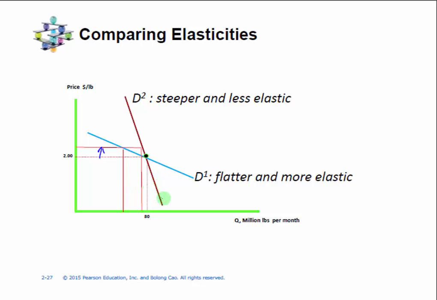The quantity demanded on D2 dropped a little, but the quantity demanded on D1 decreased a lot. And that's why we say the quantity demanded on D1 is more responsive than the quantity demanded on D2. So from the same starting point, right, we have an elasticity that is higher on D1 than that is on D2.